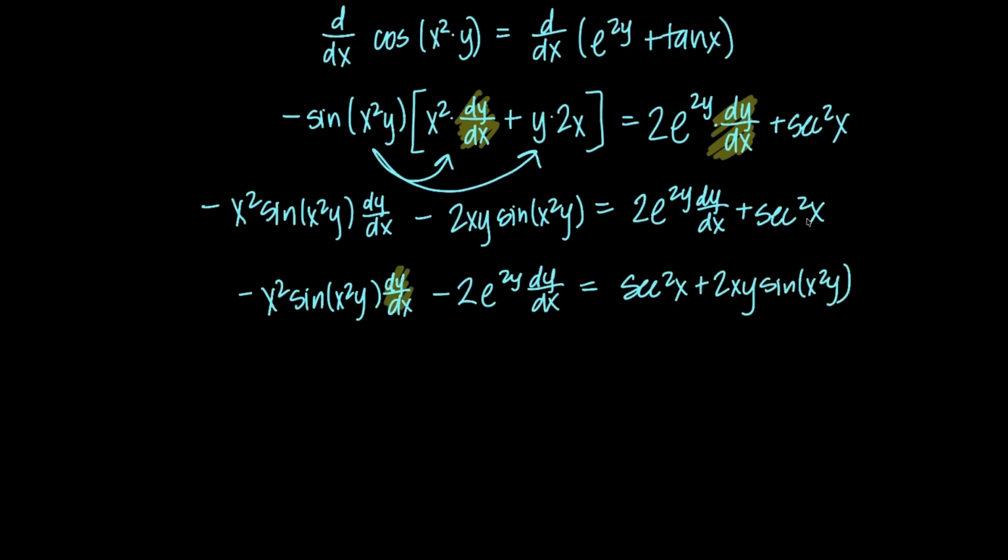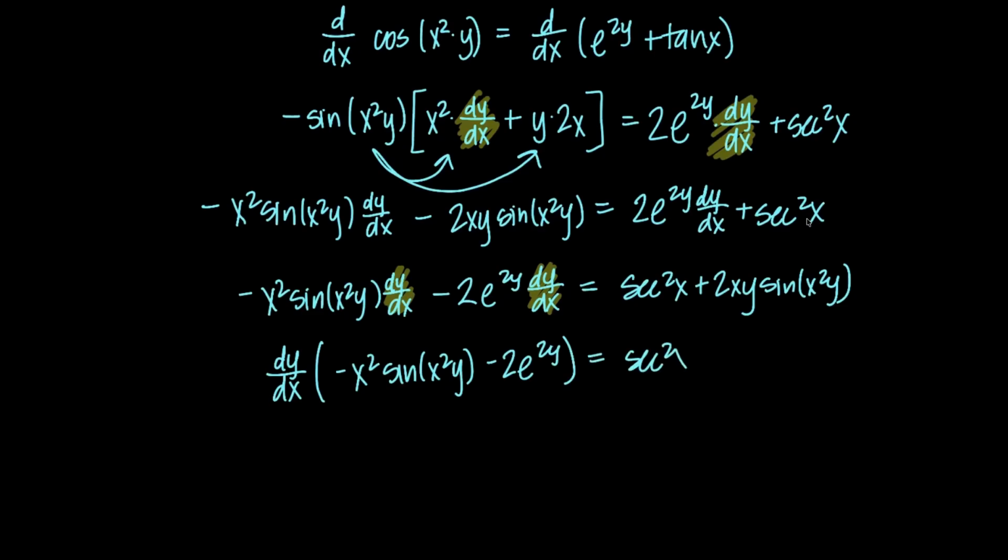So I have the dy/dx terms on the left. I can factor out that dy/dx. And I'll have negative x squared sine of x squared y minus 2e to the 2y. And the right side stays the same.